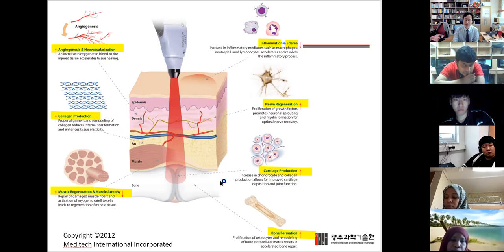But this illustration is indicating that light is actually giving lots of effects on the human body, not only for the skin, but for the bone, muscle, and collagen, and even for the neurons. So it seems like there are lots of things that we can investigate for future study.